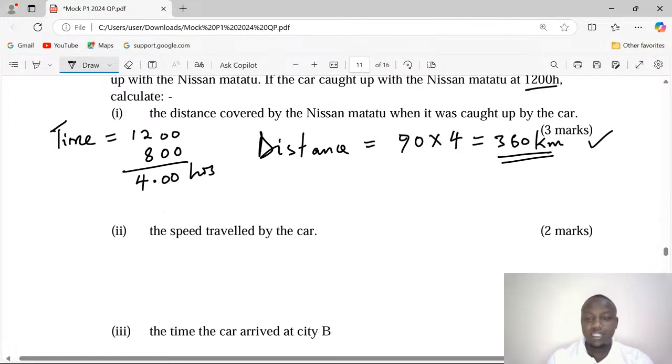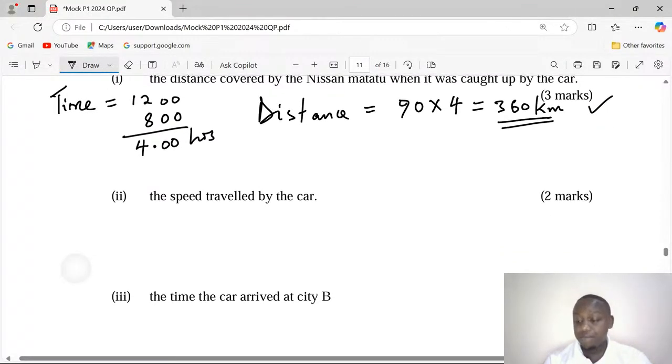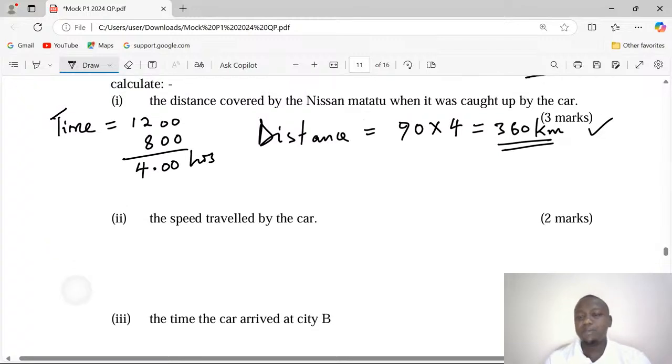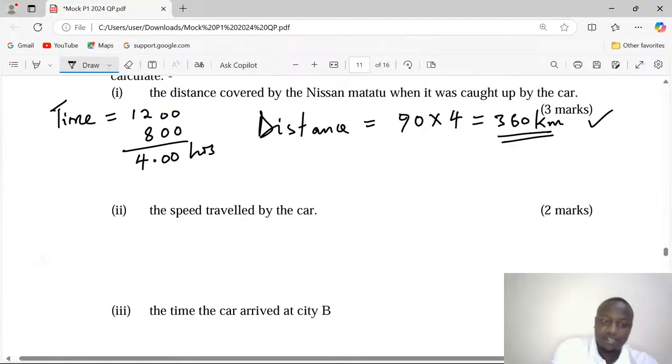That is the distance it had covered. The other thing we are calculating is the speed traveled by the car. Remember, for the car to catch up, it has also covered the same distance. So the car is traveling at a higher speed because when the Nissan Matatu is covering 360 kilometers in 4 complete hours, the car has also covered the same distance to catch up.